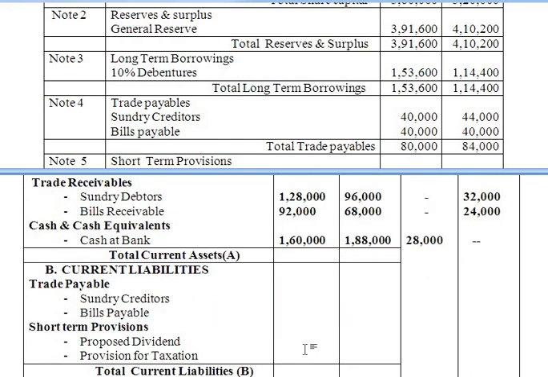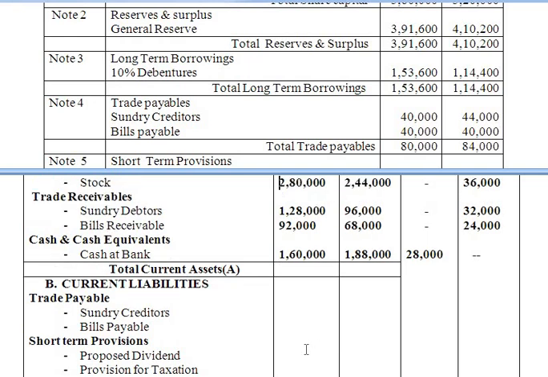Before we write the amount of current liabilities, we need to make the total of current assets for the year 2018 and 2019. So the total will be 2,80,000 plus 1,28,000 plus 92,000 plus 1,60,000. So the total is 6,60,000.